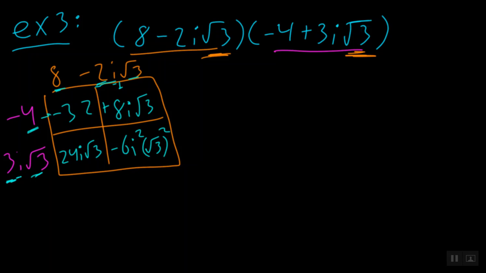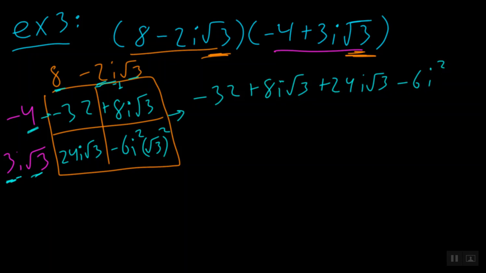So remember, guys, in this example, we're utilizing every single one of the 3 parts from our 3 previous sections. So let's go ahead and write this out. We have negative 32 plus 8i square roots of 3 plus 24i square roots of 3 minus 6i squared, the square root of 3 squared.